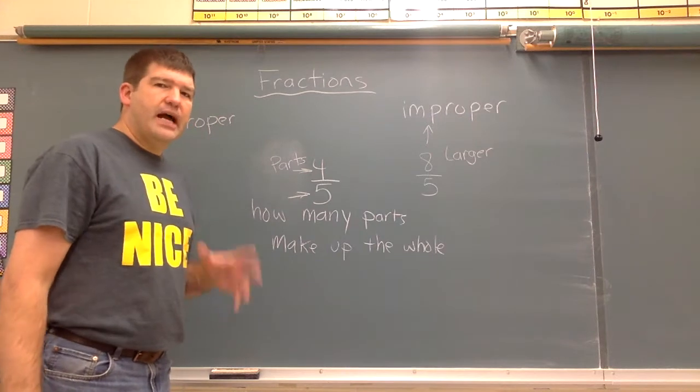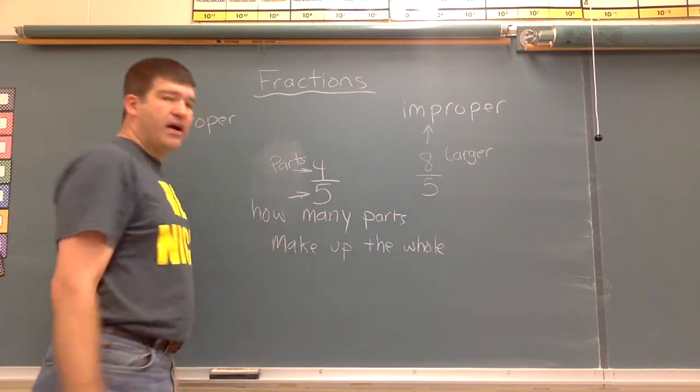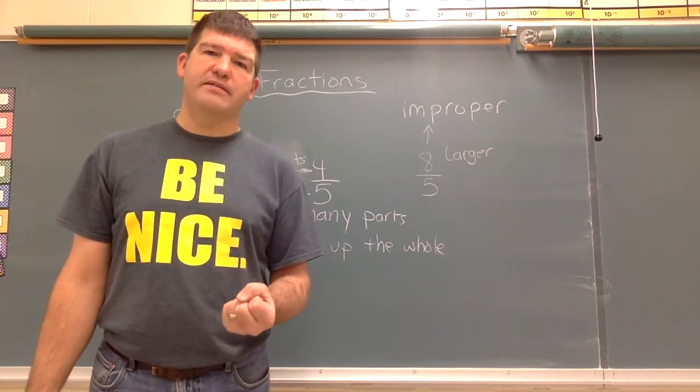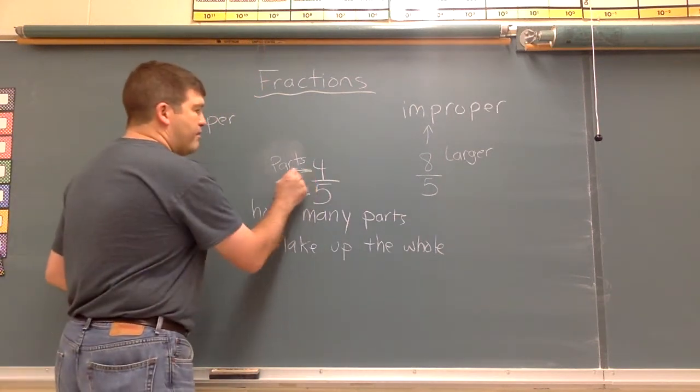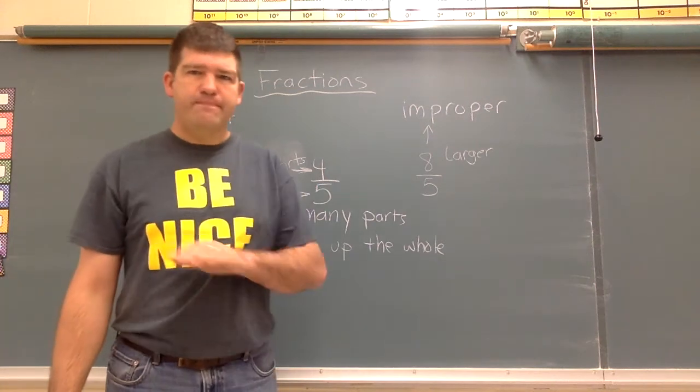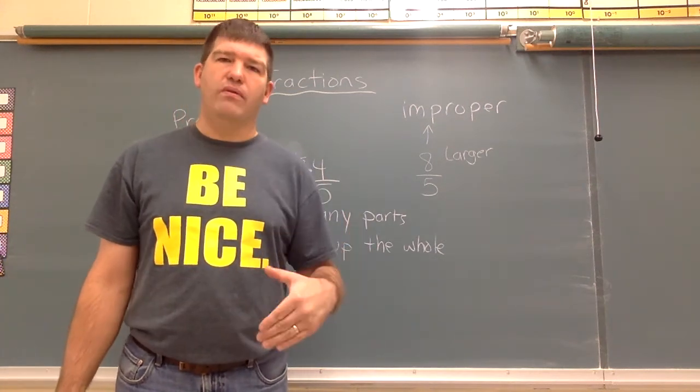So I know that the whole is going to be 5 parts. Every time I have 5 parts, I have a whole. I only have 4 parts. Do I have a whole? No. I have part of a whole.